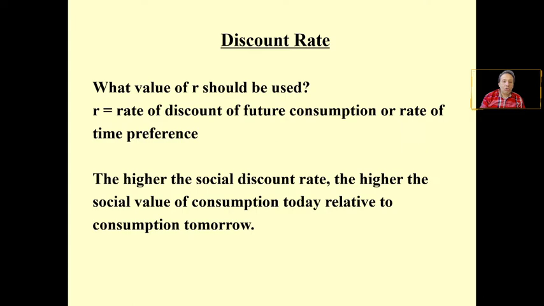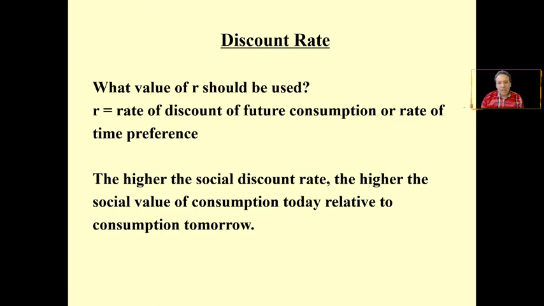So the discount rate is, for this reason, one of the most important issues when choosing what is going to be used. The discount rate reflects the rate of time preference for future consumption. The higher the social discount rate, the higher the social value of consumption today relative to consumption tomorrow.